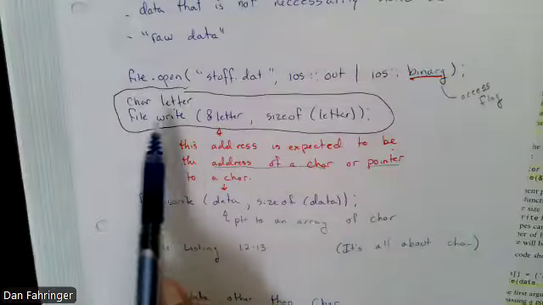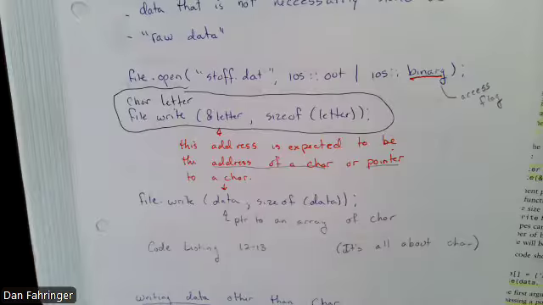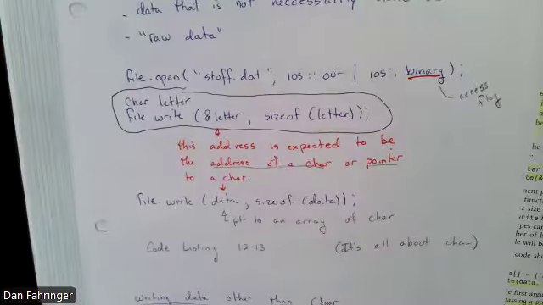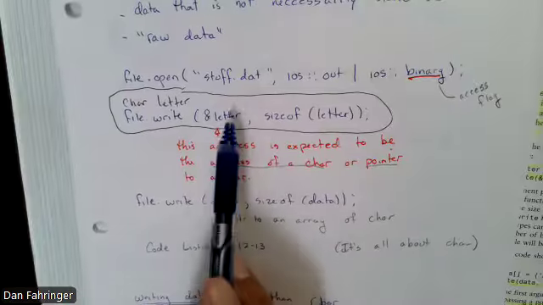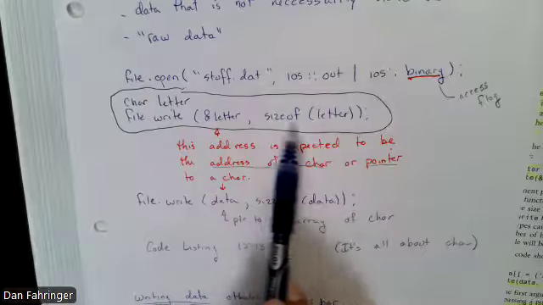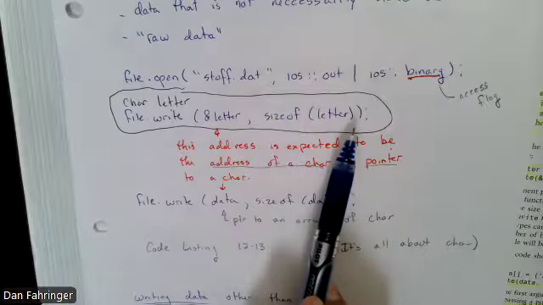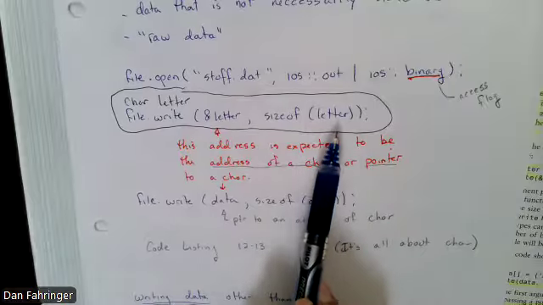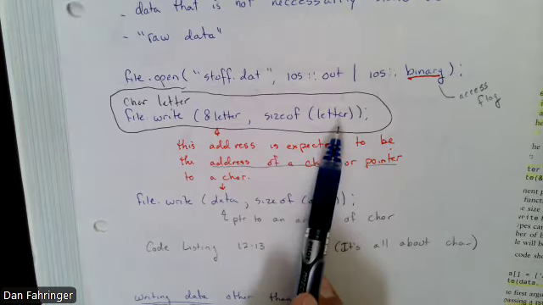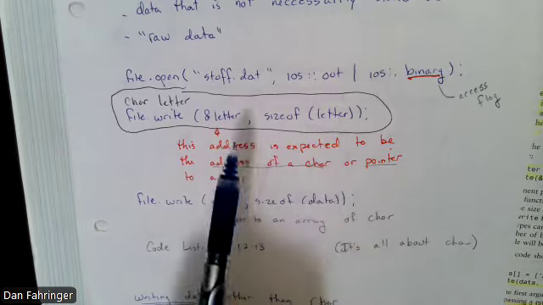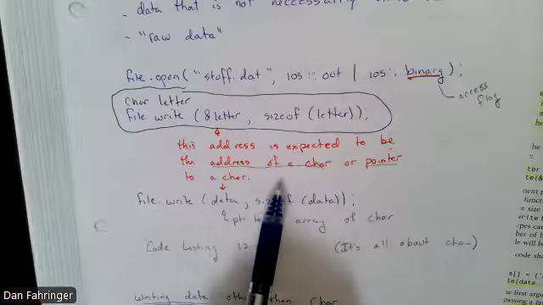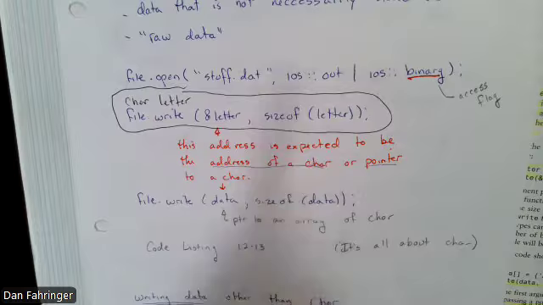I get ready and say file.write, ampersand letter, sizeof letter: the memory address, and how much should be written. In this case, sizeof letter is 1 byte. So it's going to be looking for an address and a size.